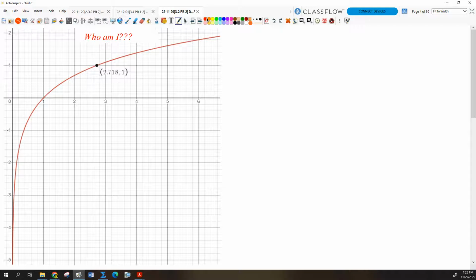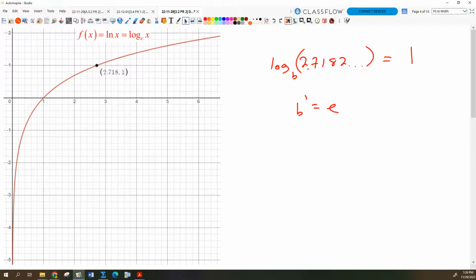So the base B log of that weird number, 2.7182, blah, blah, blah, is equal to 1. What is that number? That's E. So that's saying B to the 1 equals E, so B must equal E, right? So that's a base E log. So I am a natural log.